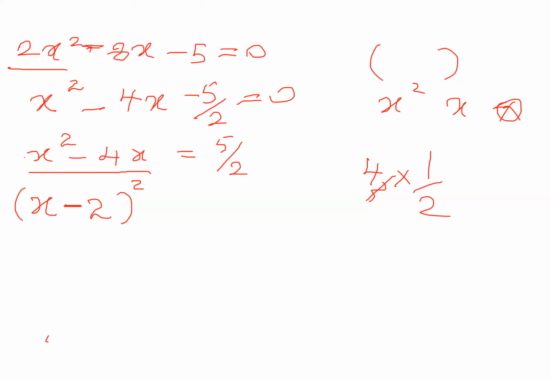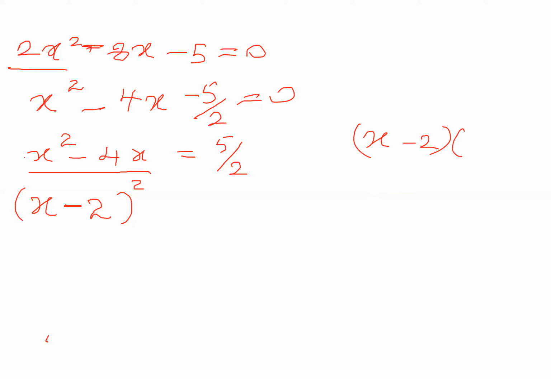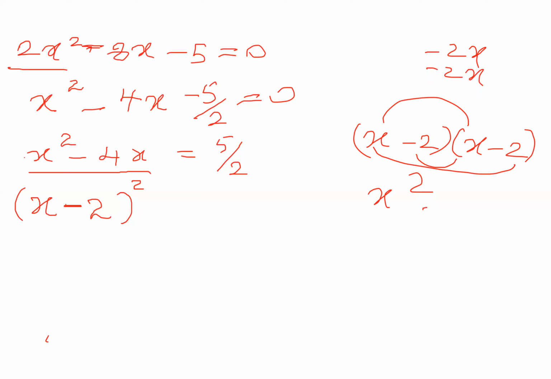Now what is happening here? I'll show you. x minus 2, again another x minus 2. When we multiply both brackets, we get x squared, and in the middle, minus 2x, and when we multiply the other two terms, again minus 2x, so both make minus 4x.